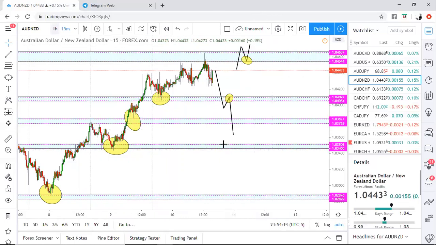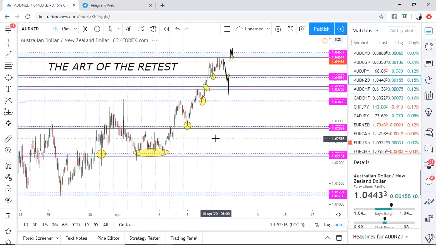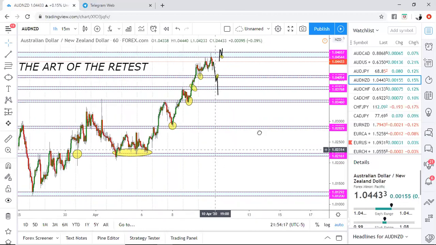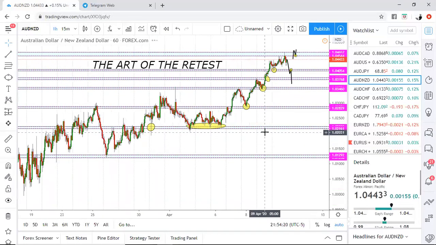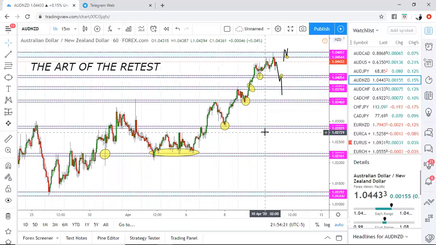This was the art of the retest and you can never fully master this. Couple key takeaways that I want to leave you with are number one, there's no such thing as a perfect retest, only a retest taken perfectly. The second is that when a retest happens, you react to or respond to the way price reacts.